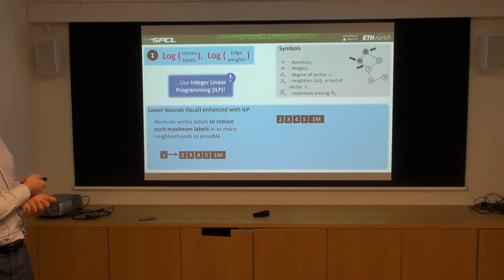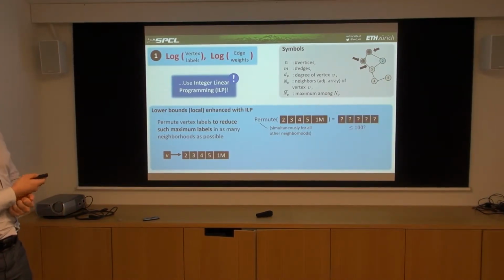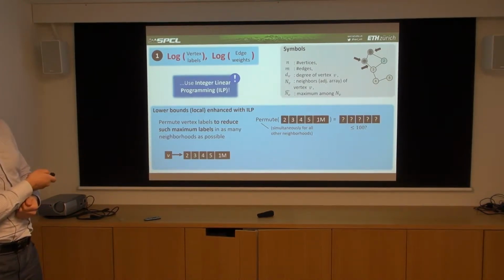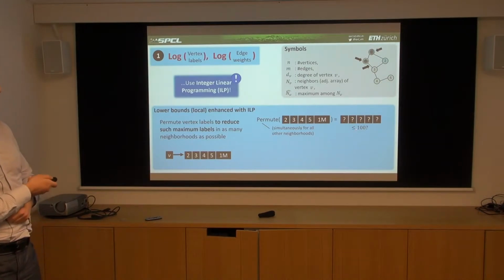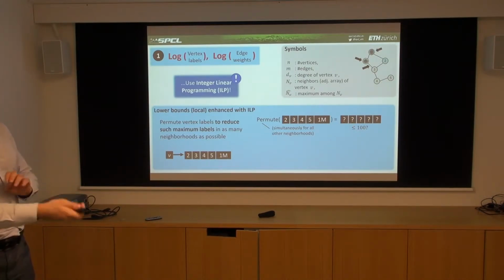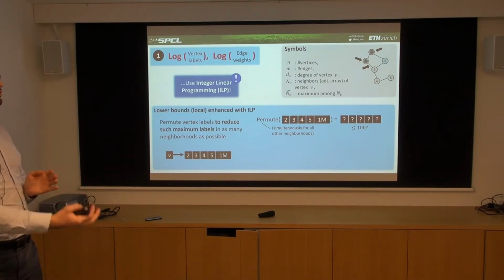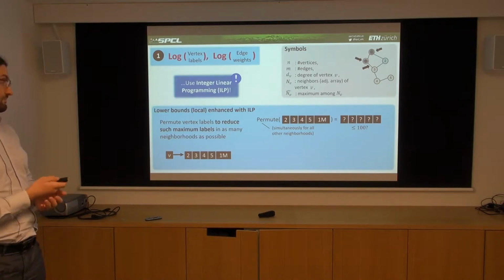And so here again we have our example. We first permute all these labels simultaneously for all the other neighborhoods, such that we get the new labels, preserving of course the structure of the graph, hopefully having smaller labels. Even though some of them may have larger labels than before, they are still much smaller, and the total gain in storage is still positive.